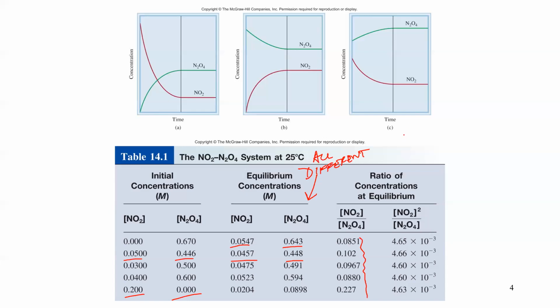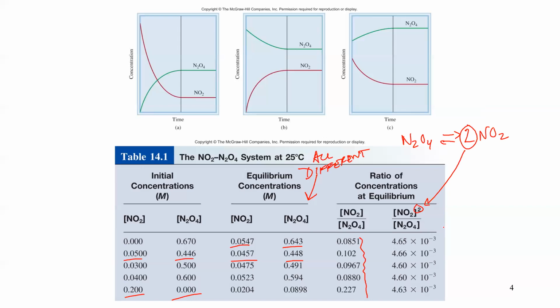But if you remember our reaction, N2O4 in equilibrium with 2 NO2, if I take that 2 and turn it into an exponent, all of a sudden, those ratios start lining up beautifully.